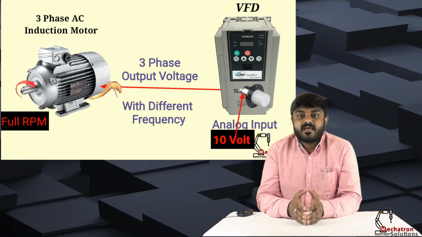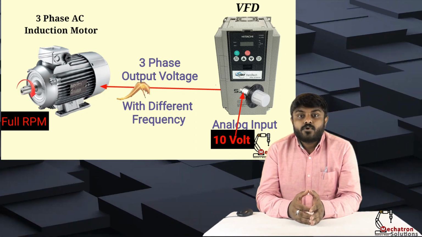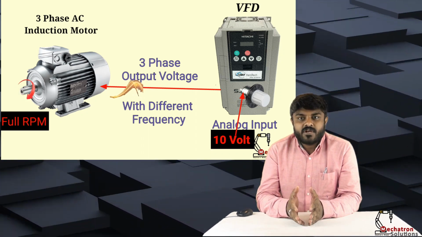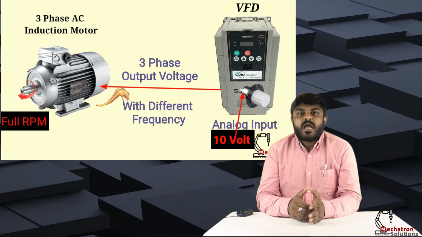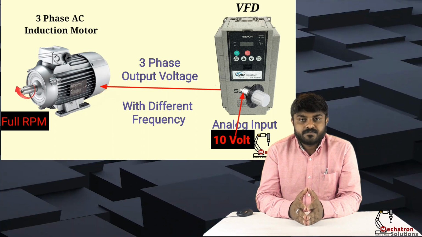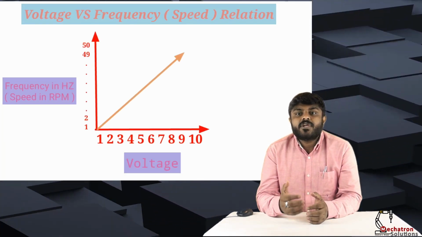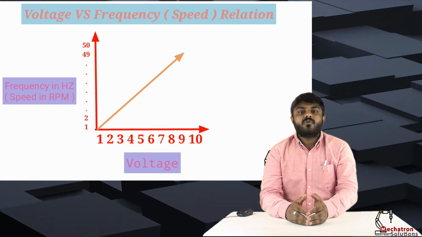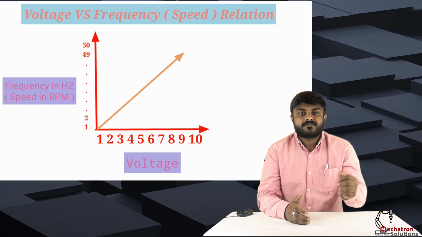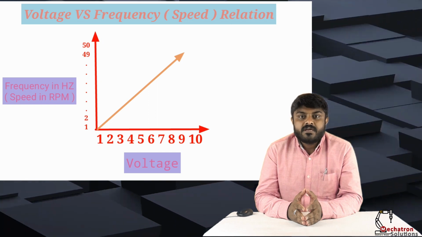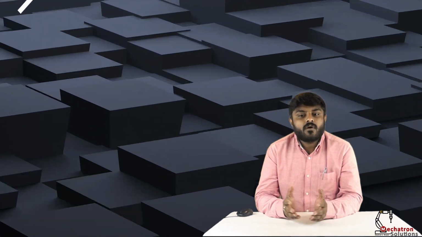As we increase the analog input voltage, the RPM will increase. The motor speed versus analog input voltage graph looks like this. So, this is an example of analog output.